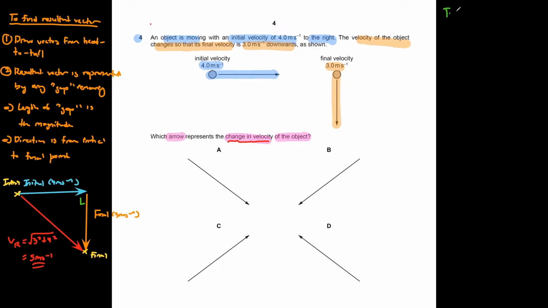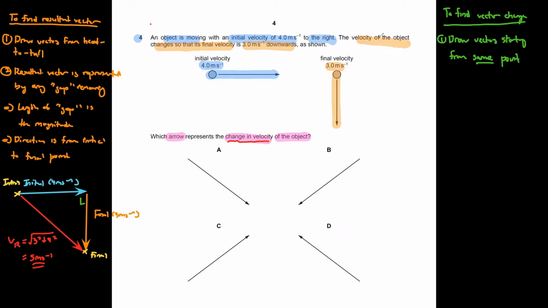So in our case, to find vector change, you need to draw the vectors starting from the same point. Okay, you need to draw the vectors starting from the same point. You don't draw it from head to tail. All right.